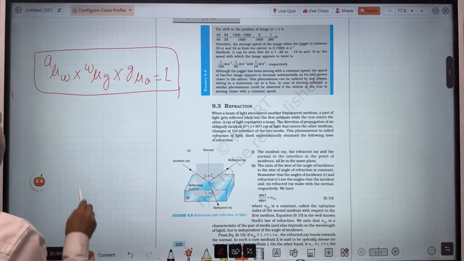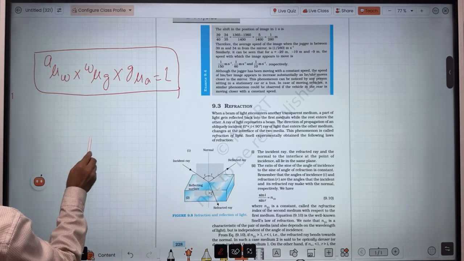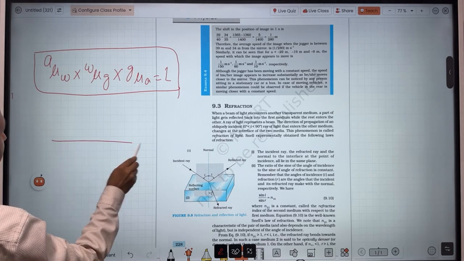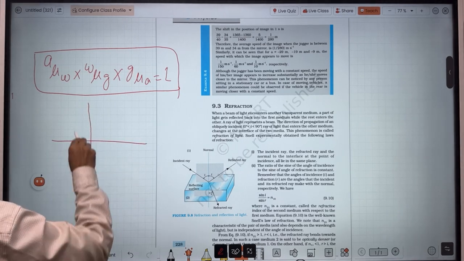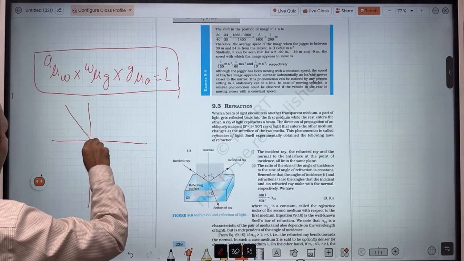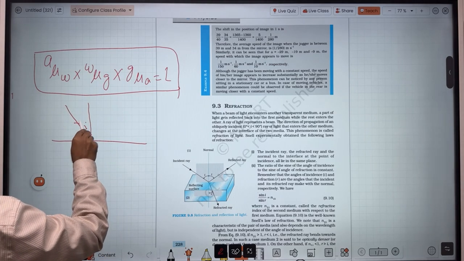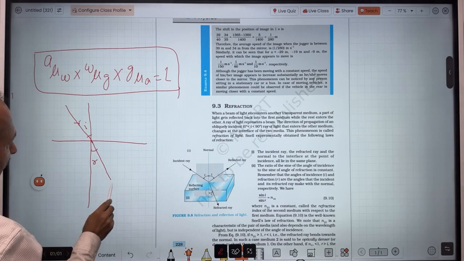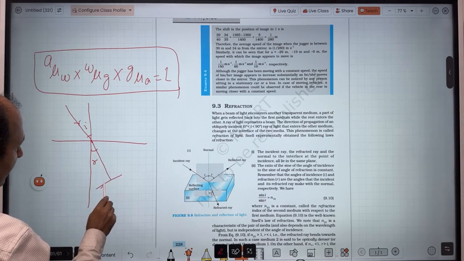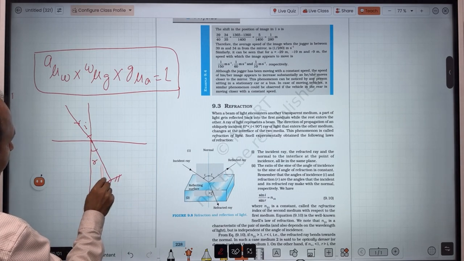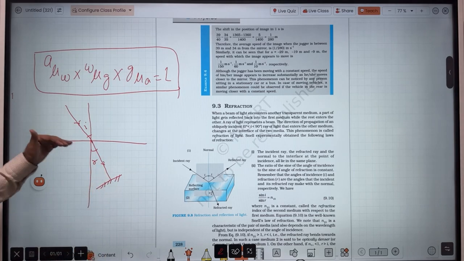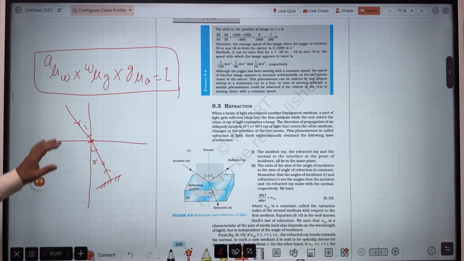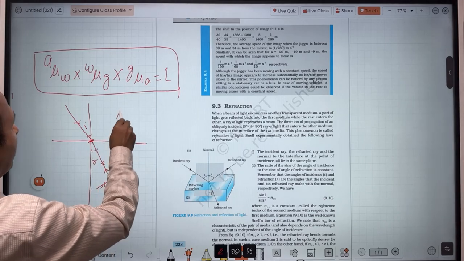And as far as the principle of reversibility is concerned, that also we can see. Suppose this is the incident ray, this angle is I, and now it is going like this, angle is R, and here we place a mirror. Then what would happen? The ray was coming like this. Now it will reverse its path. So first we write the formula.